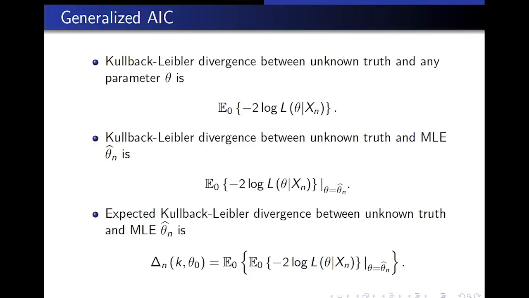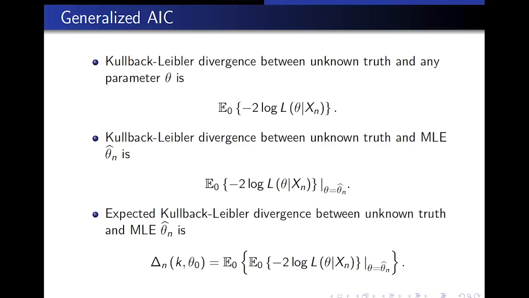After we ignore arbitrary constants that cancel out when taking differences in AIC values between different models, the Kullback-Leibler divergence between the unknown truth and an arbitrary parameter is the expected value under the truth, that's the E subscript naught, of -2 times the logarithm of the likelihood at the arbitrary parameter theta.